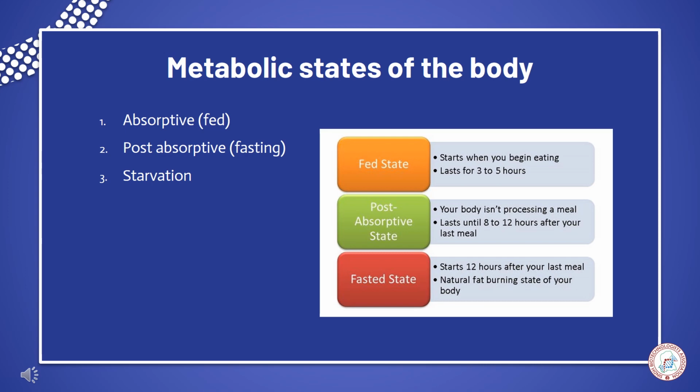Then we come to the post-absorptive state, which lasts until 8 to 12 hours after your last meal, and then it ends up with fasting after 12 hours. If it lasts further, prolonged up to 72 hours, then that state is known as the starvation state.